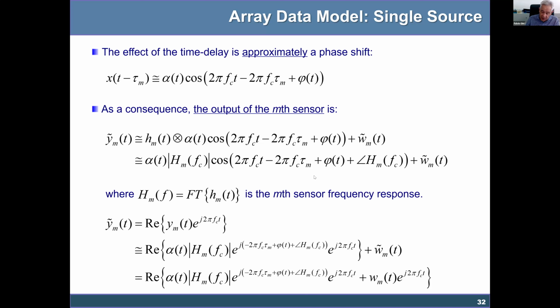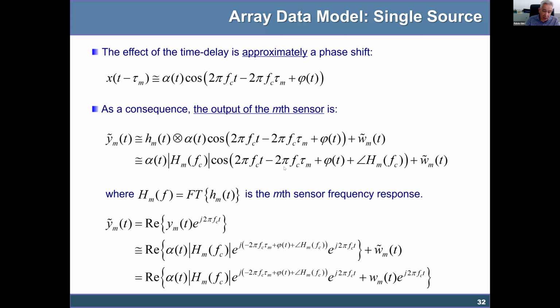Because if the input signal is very narrow around the central frequency, the effect of passing through a linear time-invariant filter is that the amplitude is modified by the frequency response of the sensor calculated at the central frequency Fc, and this is the phase response calculated at the central frequency.